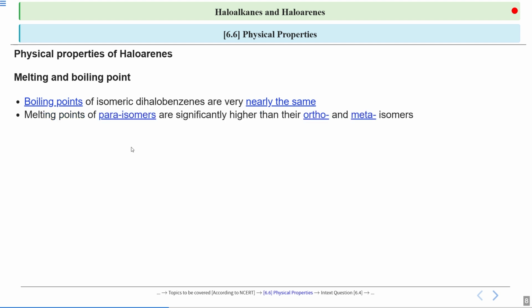Melting points of para-isomers are significantly higher than their ortho and meta-isomers. If you talk about the melting point especially, the para-isomer has a greater melting point than the ortho and meta-isomers due to better packing in the solid state, which we will see. The reason behind this increase of melting point of the para-isomer is that the para-isomer is more symmetrical.